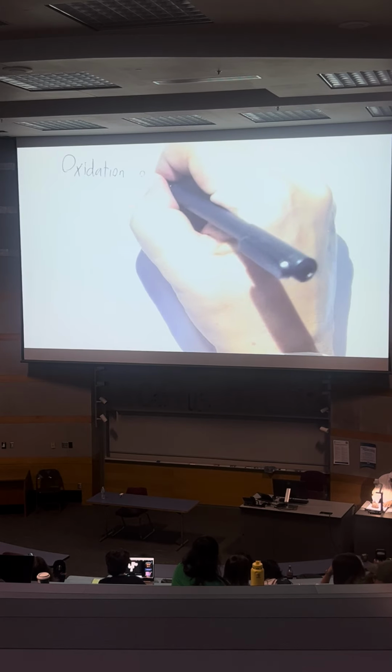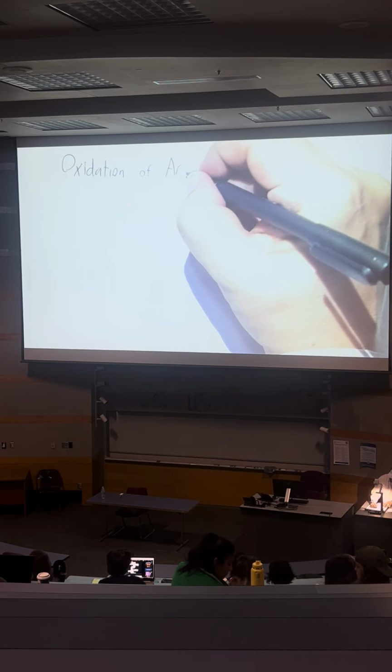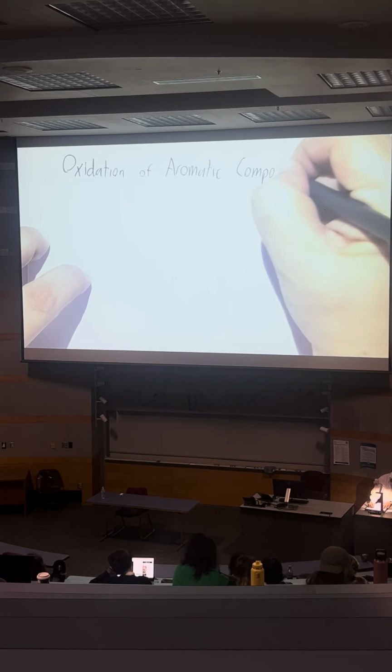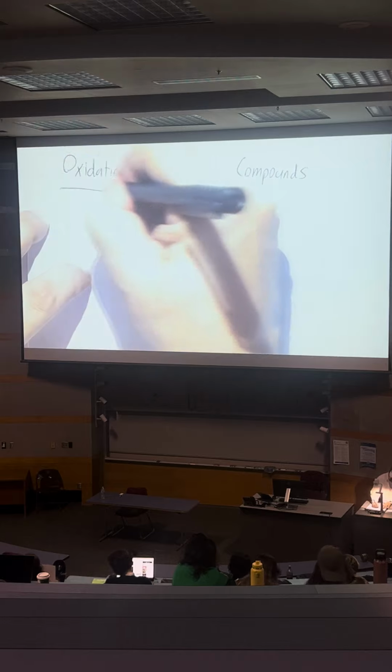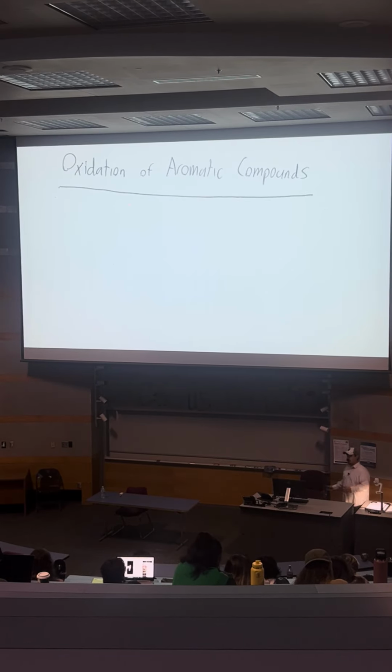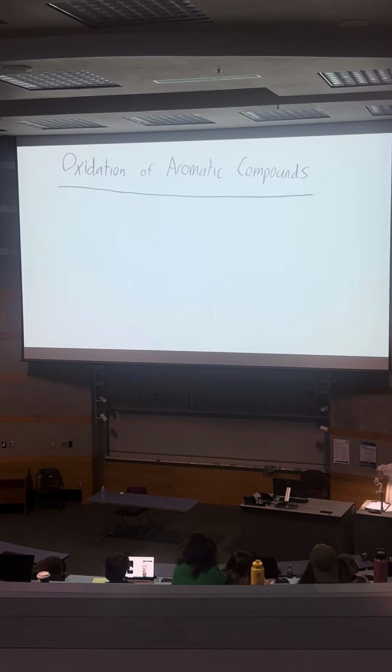So the first set of reactions I want to talk about are oxidation of aromatic compounds. Now, when it comes to the real definition of oxidation and reduction, we know with regards to metals, we're talking about reduction being adding electrons into the system and oxidation meaning electrons taken out.